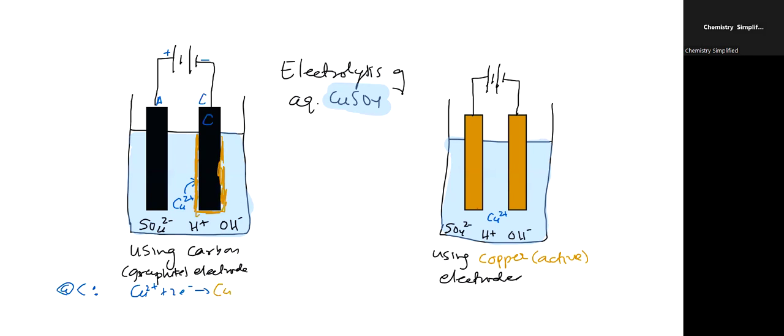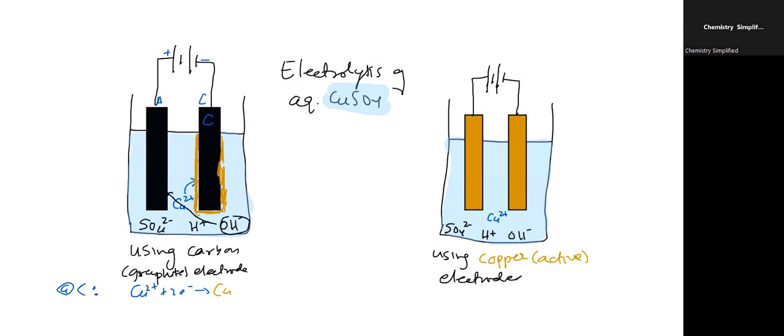On the other hand, we need to select the anions to react at the anode, and we have SO4 2 minus and OH minus, and we select OH minus. That's the ease of discharge series. So this goes over here, and it produces oxygen.